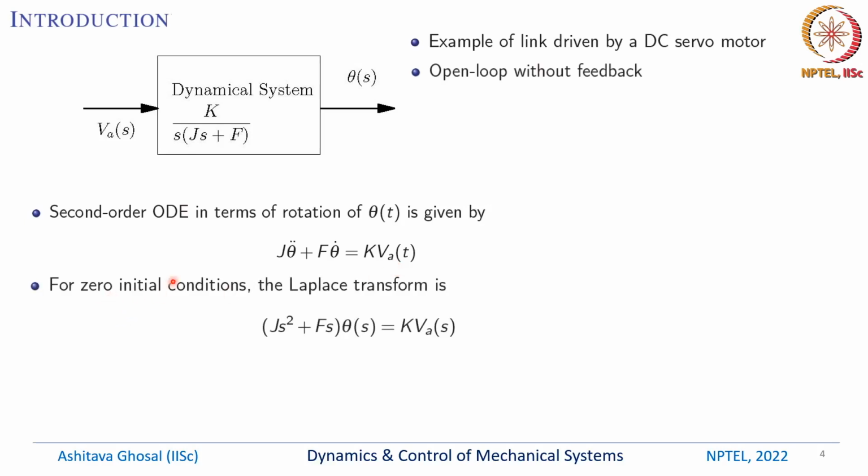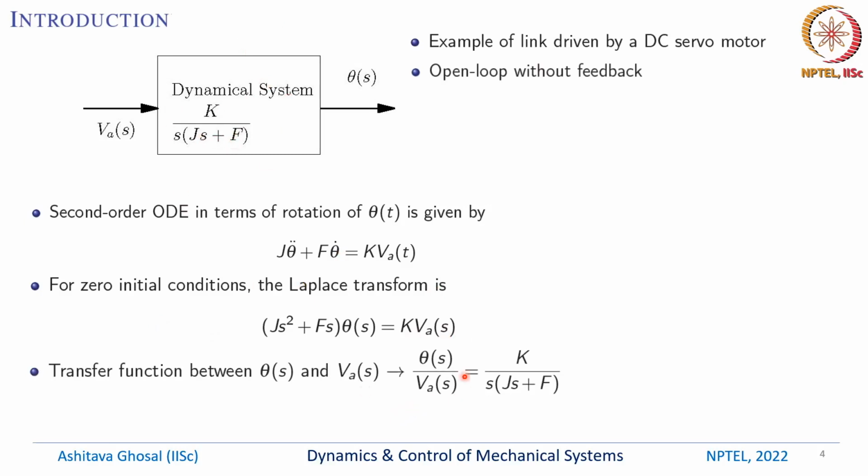For zero initial conditions, we can obtain the Laplace transform of this ordinary differential equation, and this is given by (js square plus fs) into theta s, that is equal to k into Va of s. This is basically what is shown here in this block diagram.